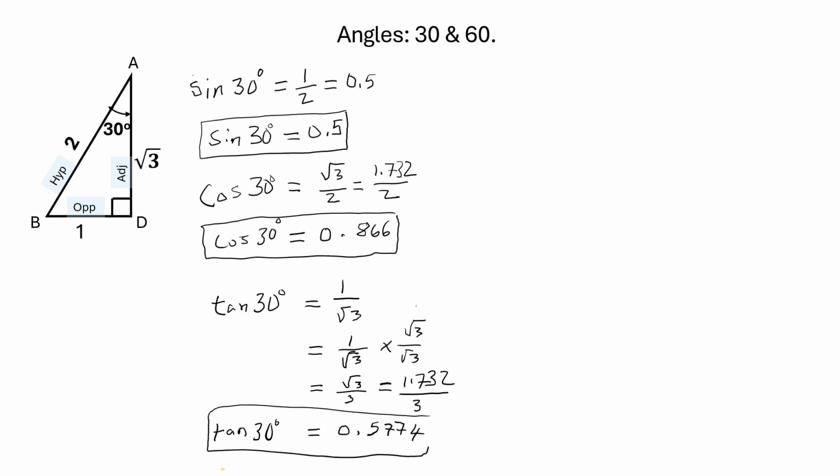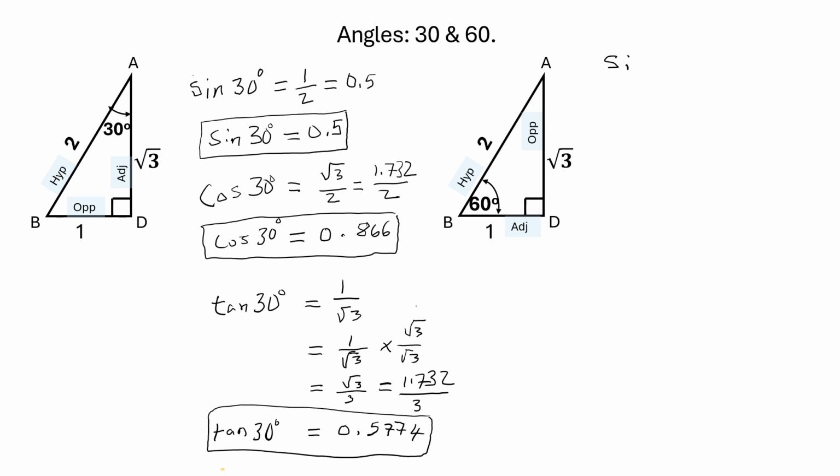So let us see 60 degrees. We use this similar triangle here. But remember, the opposite and adjacent have switched the other way, because we are now looking at angle 60. So we can say from here that sine 60 degrees equals opposite over hypotenuse.